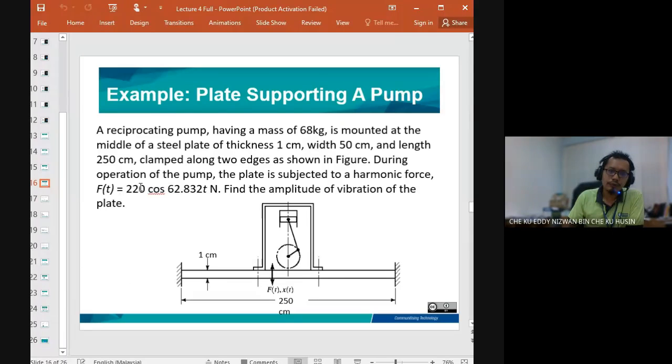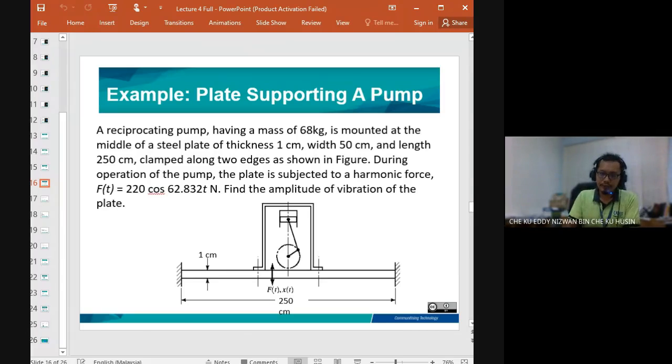Here 220 is F naught, the magnitude of the force, which fluctuates based on the cosine function. The frequency of excitation in radians per second is 62.8π. Find the amplitude of vibration of the plate.